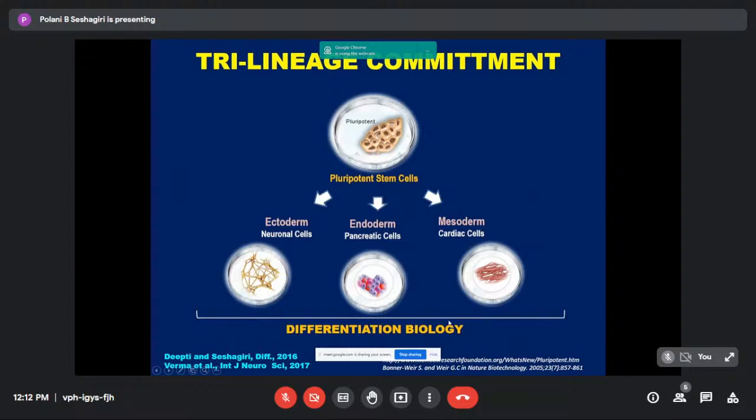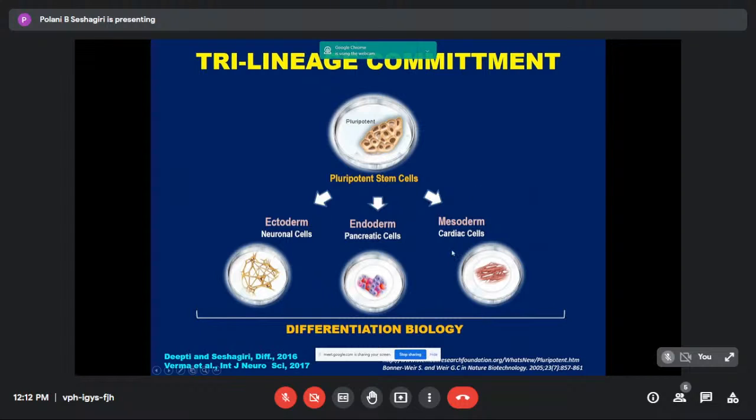So this differentiation biology is extremely important, and stem cell scientists are working on how to make ecto-derived neuronal cells, endo-derived pancreatic cells, meso-derived cardiac cells, or skeletal muscle cells, or smooth muscle cells, and so on and so forth.